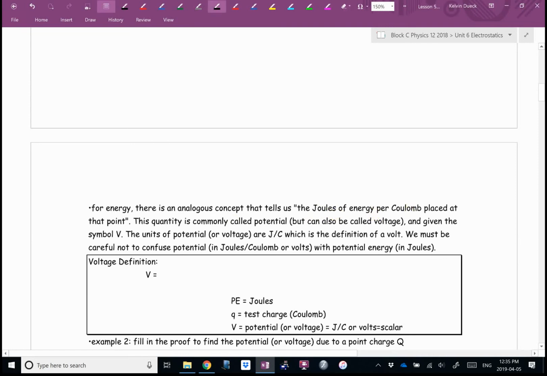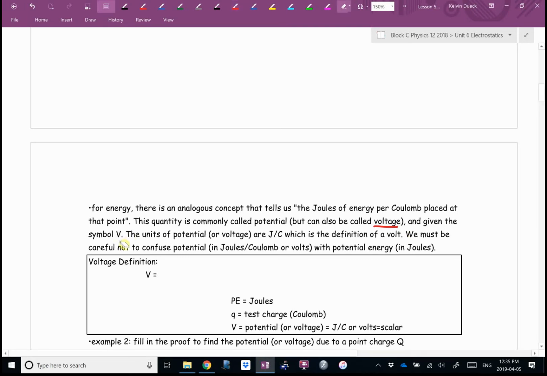And we call it potential, not to be confused with potential energy. It's just potential. Now, it's also called voltage, but you'll find more and more textbooks will call it potential. I prefer voltage because there is potential to confuse potential with potential energy. But I'm going to flip-flop between both to expose you to both terms.